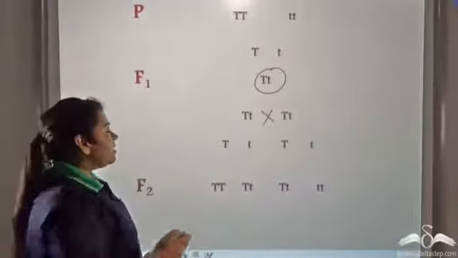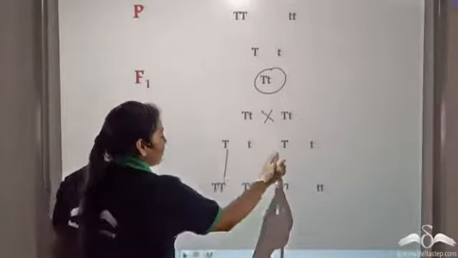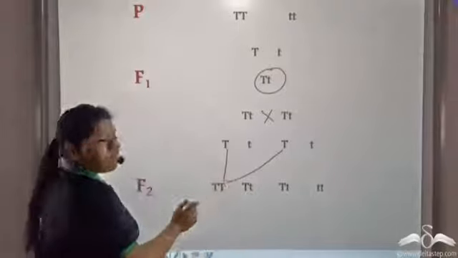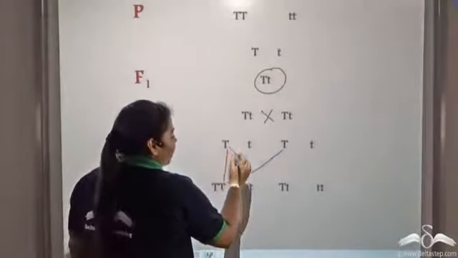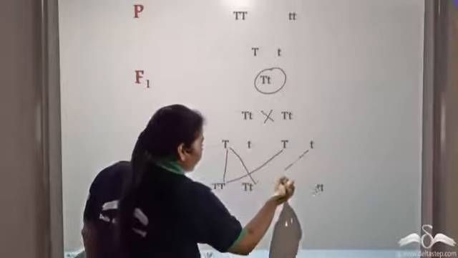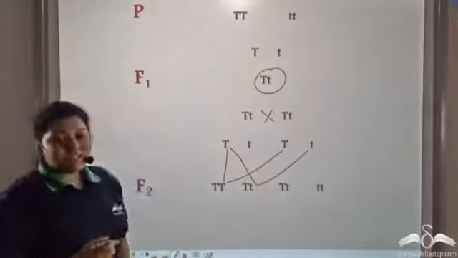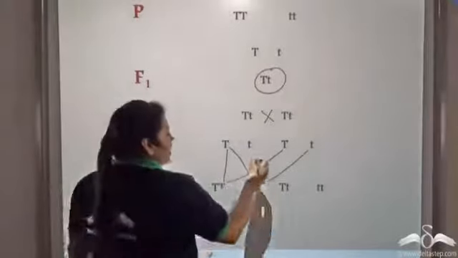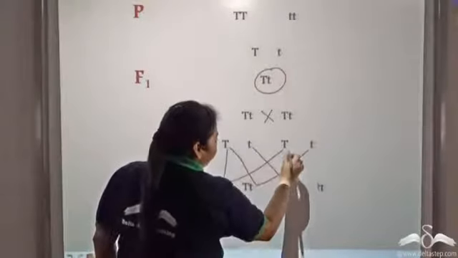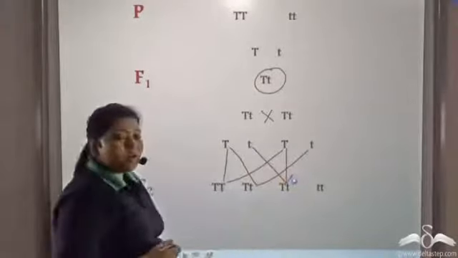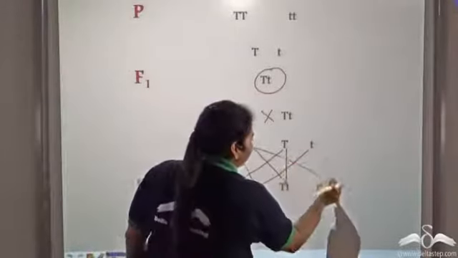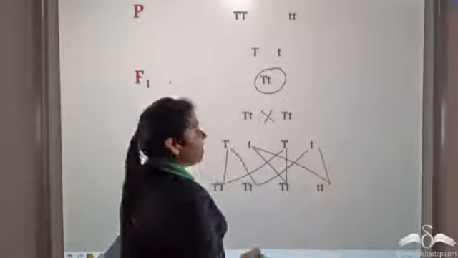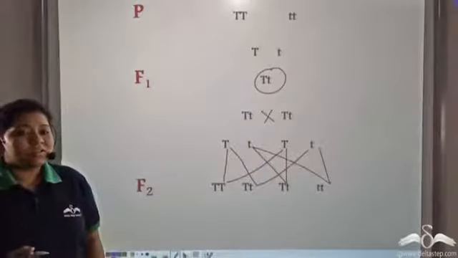Capital T can combine with capital T to form capital T, capital T. Capital T can combine with small t to form capital T, small t. Again, small t can combine with capital T to form capital T, small t. And finally, small t and small t can combine to form small t, small t.